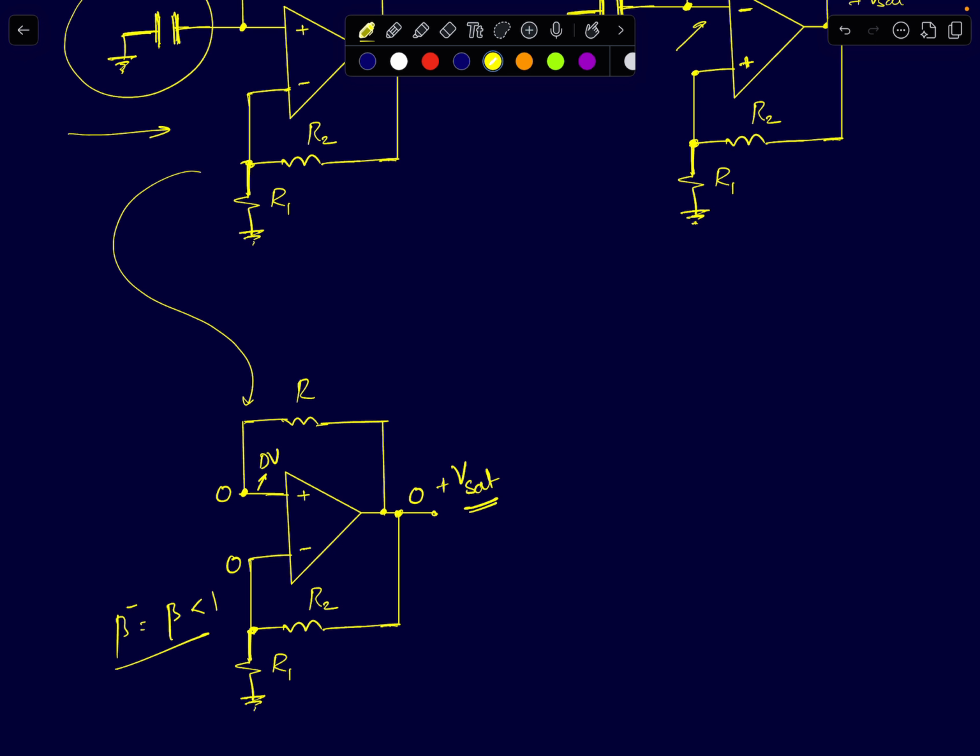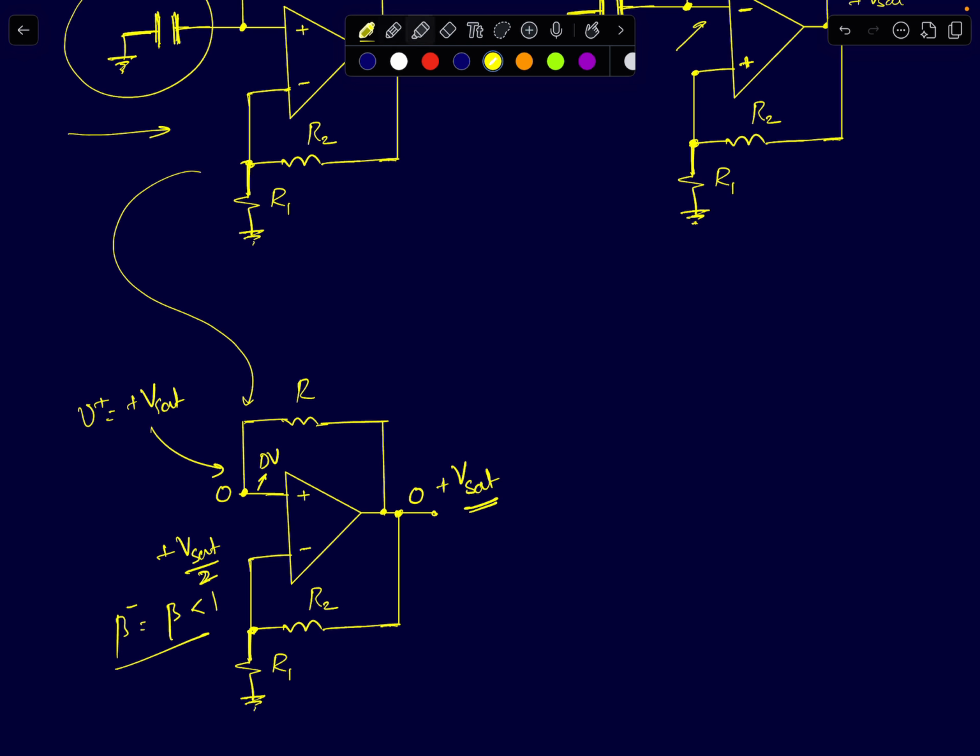If this node voltage goes to plus Vsat, this node voltage will come to plus Vsat by 2, and this node voltage V plus will come to plus Vsat. Feedback is present in both the paths.